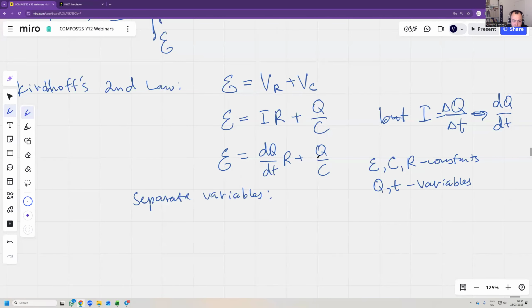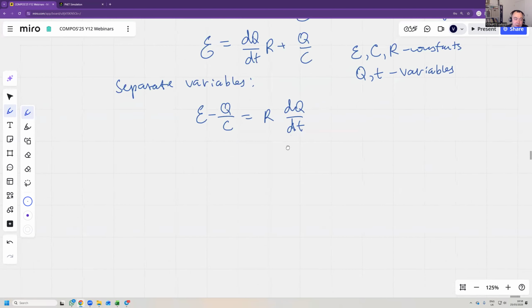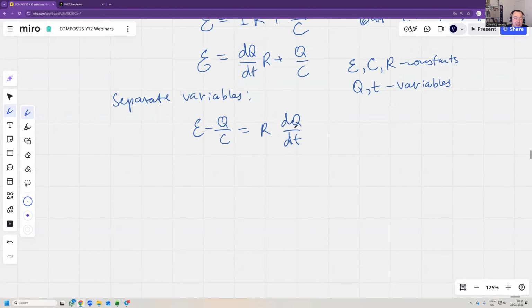We want EMF minus Q over C equals R dQ over dt. We're going to multiply everything by dt and divide everything by EMF minus Q over C. You know what? We're going to multiply everything by C dt.